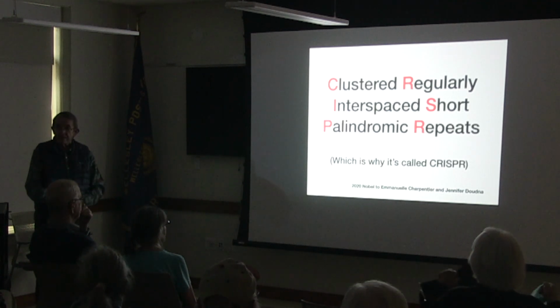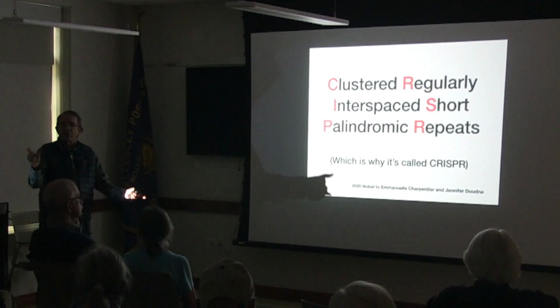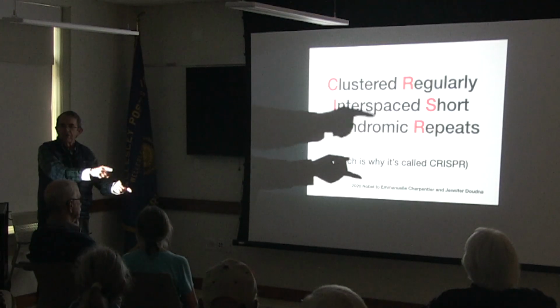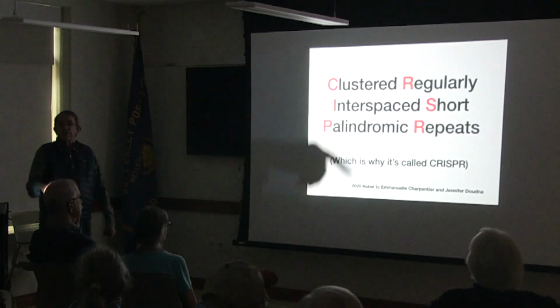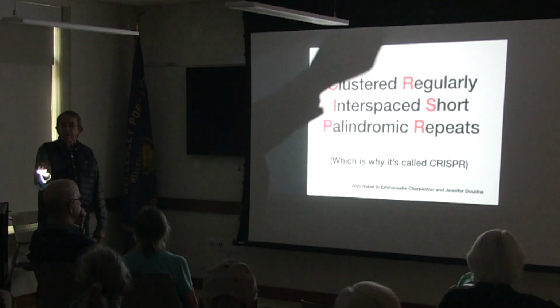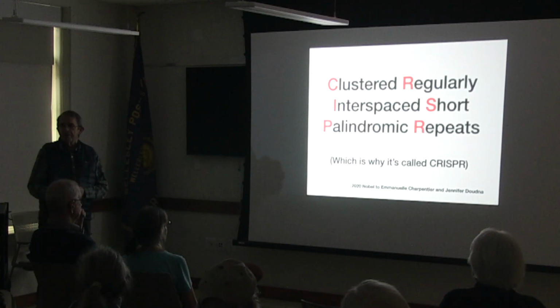But what it does, unlike a restriction enzyme that's sort of random in where it cuts, just depends on where those sequences are, with CRISPR you can go right to the G that you want, cut the DNA, and stick an A in there, okay? Highly targeted. Research in this area is exploding. So that's it.